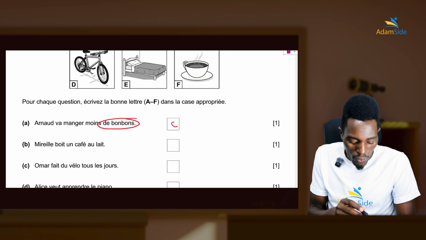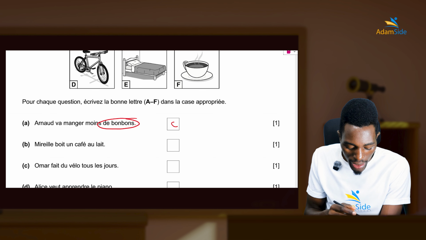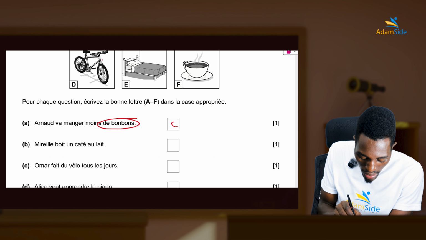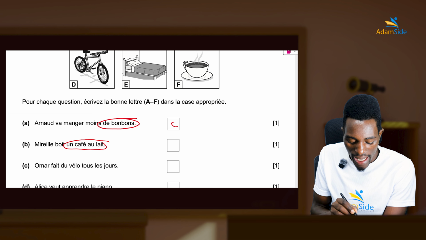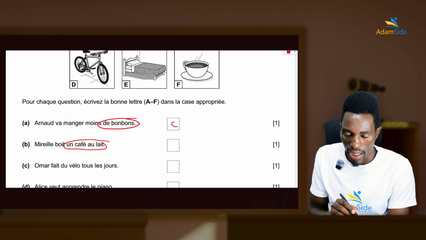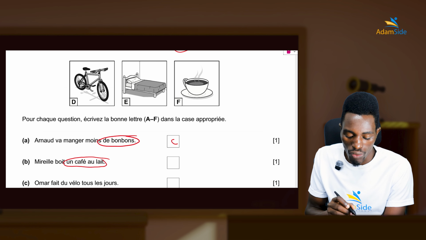Then we go to question B. Mireille boit un café au lait. Alors, the vocabulary that we have to identify is un café au lait. What is that vocabulary? We have to go back to our pictures.